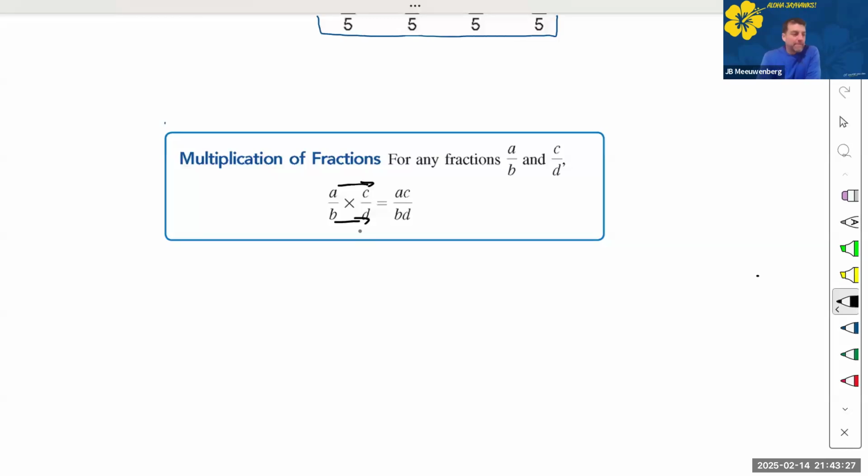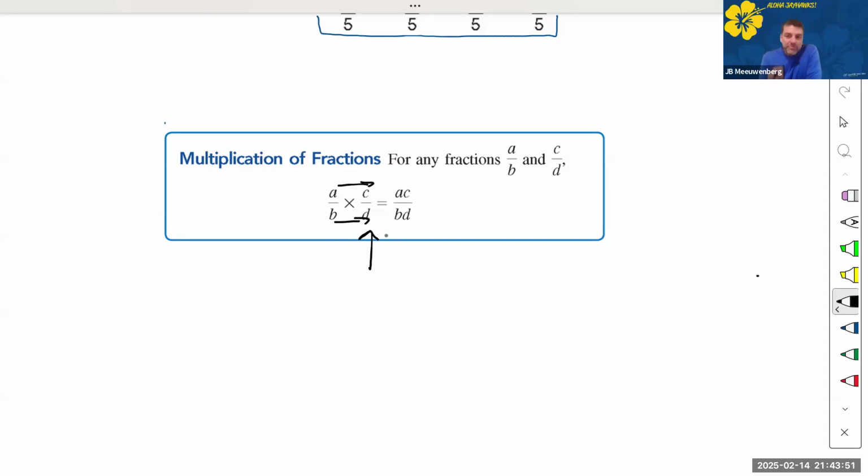Now, it is important to say that you can get mixed numbers in these cases, and if we are multiplying a fraction by a mixed number, then we want to make sure our fraction looks like a fraction, right?